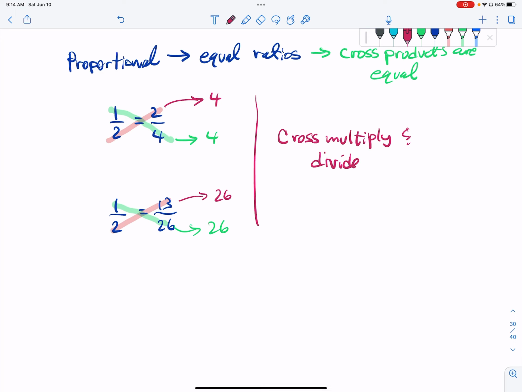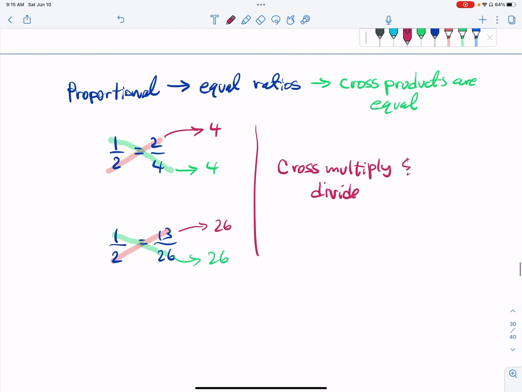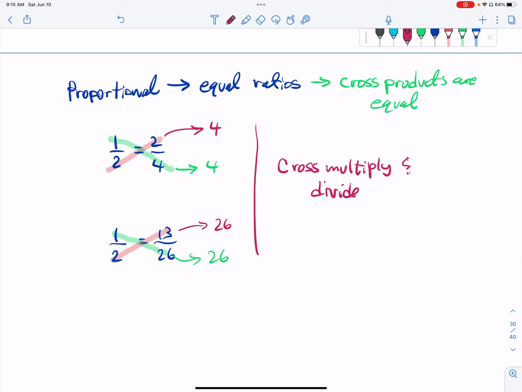Now, I tend to say that that's a little bit too simplistic because in our class in honors geometry, we're going to see proportions that are a little bit more complicated that aren't going to be as easy to solve by the method of cross multiplying and dividing. As a matter of fact, since this is 7th grade math and you haven't really learned how to solve equations efficiently yet, this was kind of a shorthand way of solving these kind of equations.